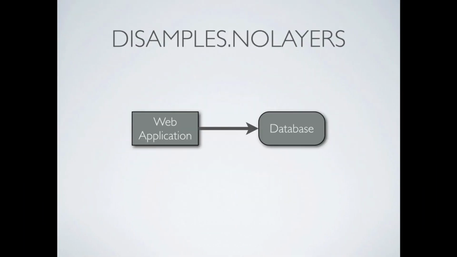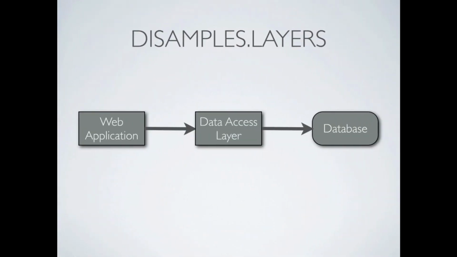As we see, these patterns that evolved from no layers to what most of us are accustomed to is a simple layered application, and for most simple applications this makes a lot of sense and does the job just fine.